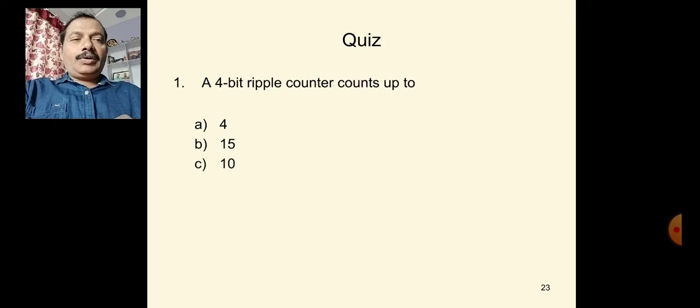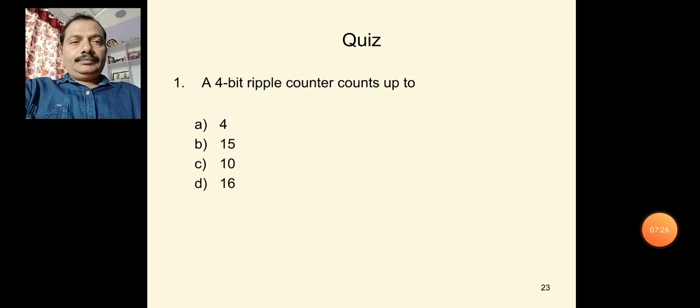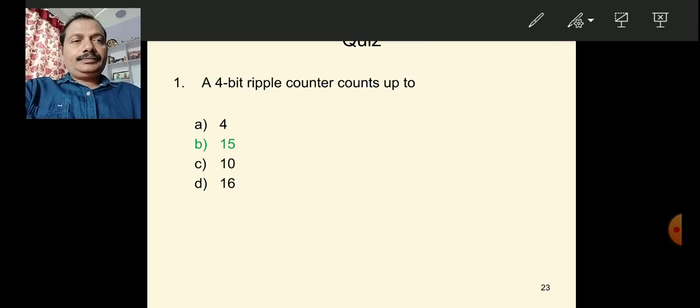A 4-bit ripple counter counts from 0 to 15. This 4-bit ripple counter is called by different names.